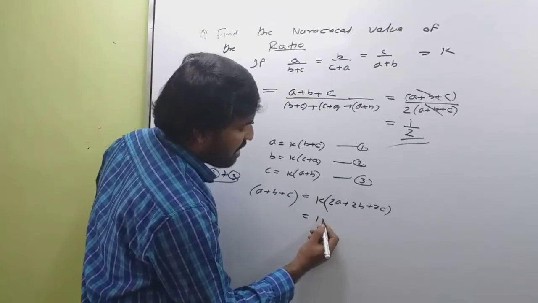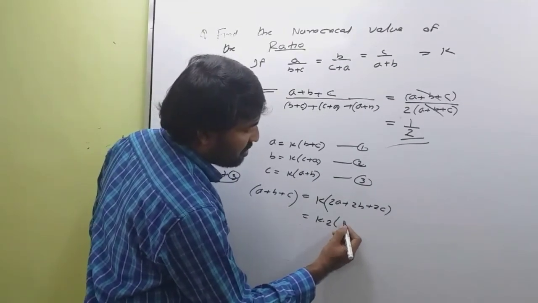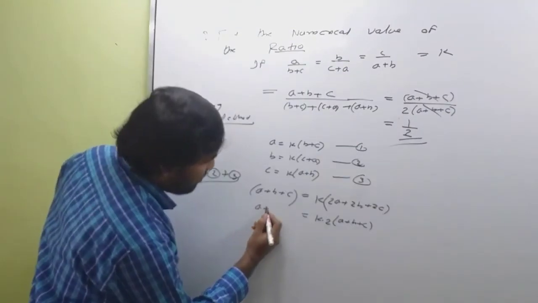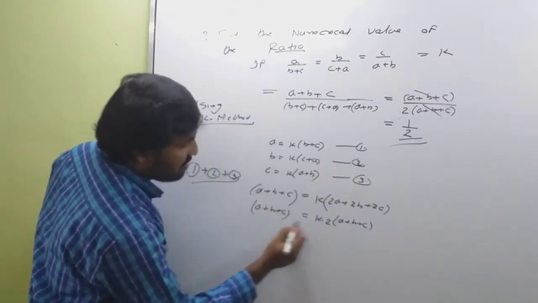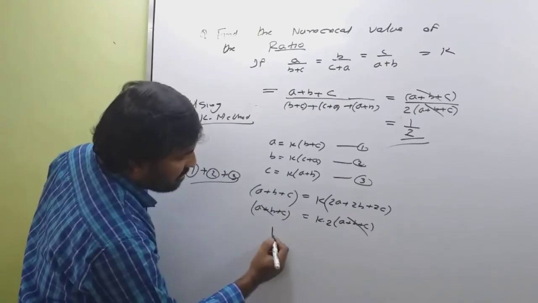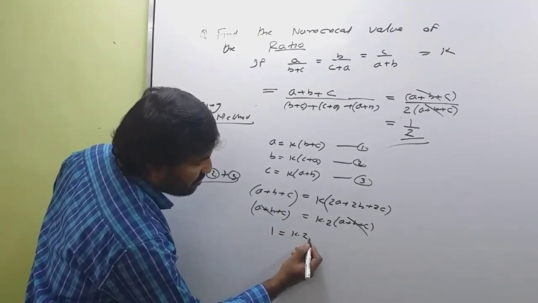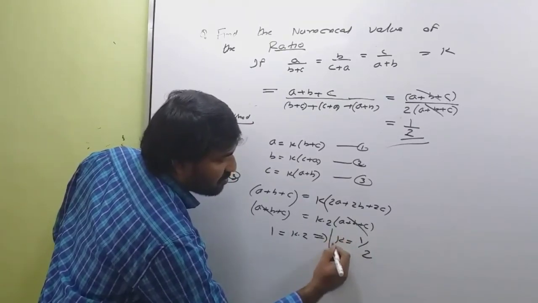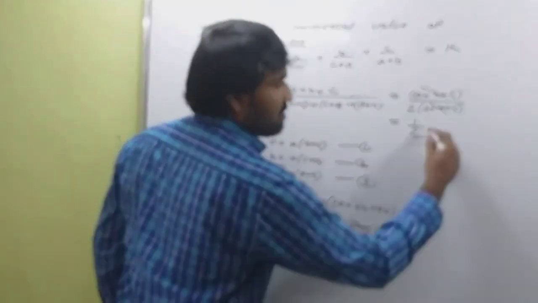Or is equal to k into 2 times a plus b plus c. That is equal to a plus b plus c. This gets cancelled. So 1 is equal to k into 2. This implies k is equal to 1 by 2. So we get the same answer.